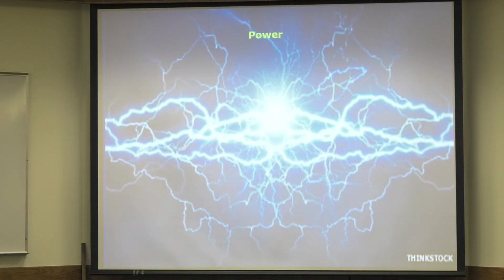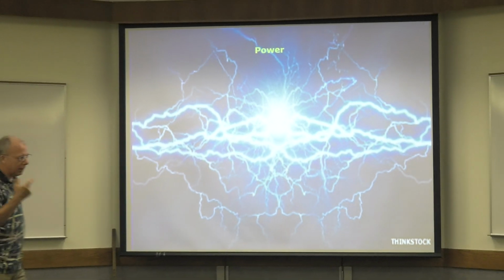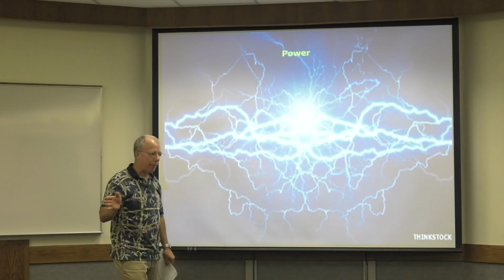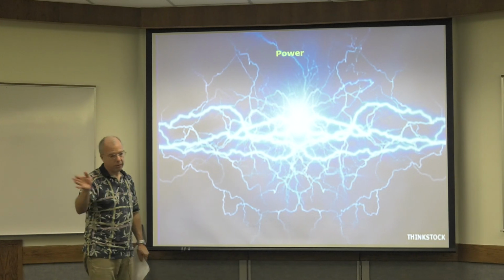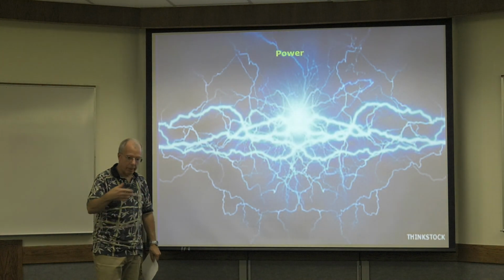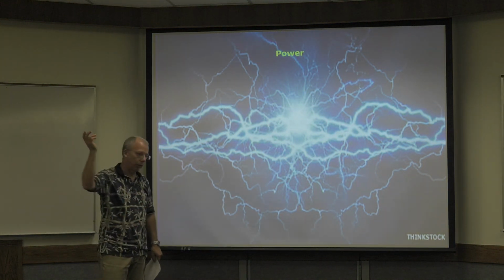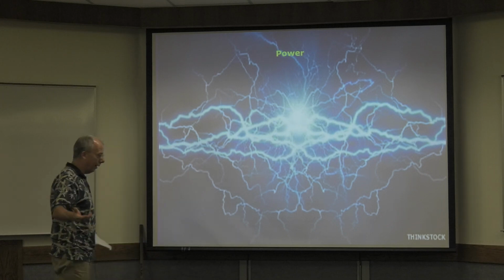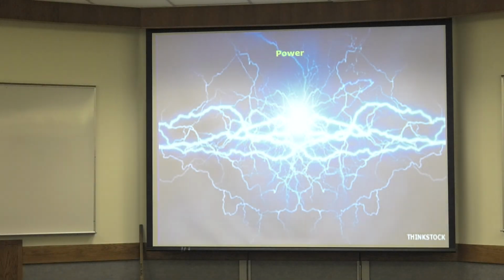Okay, last concept for this chapter is power. And power, you're going to run into power in different chapters in Physics 105, different chapters in Physics 106, biology, chemistry, all over the place. So you got to know what it is. So what's power? Well, you kind of have a feel for it.